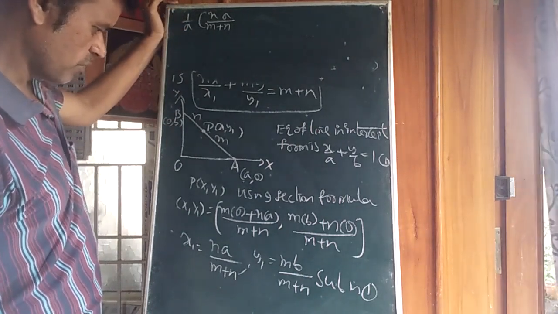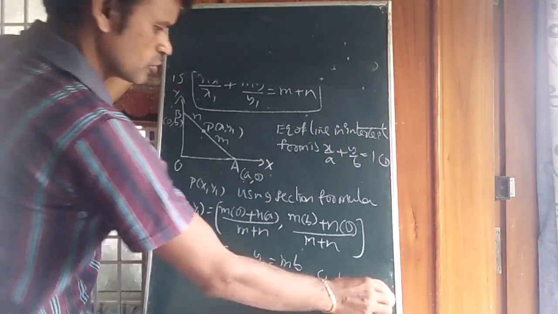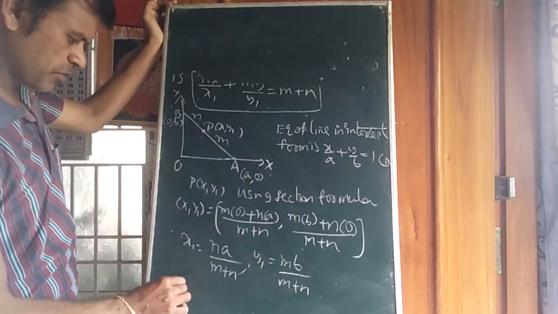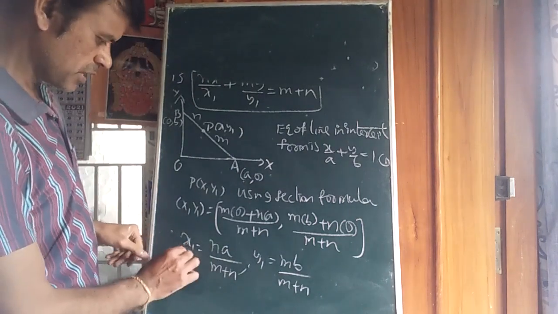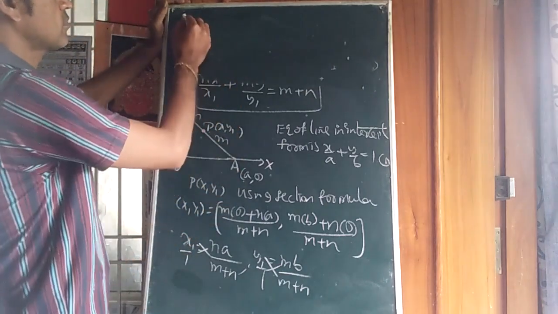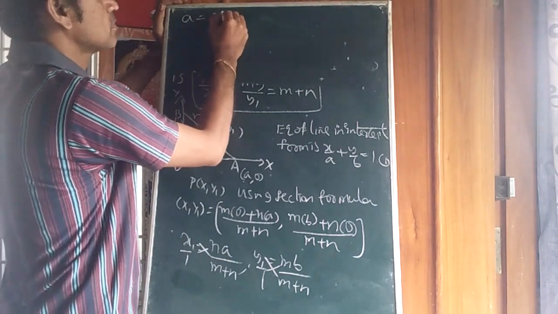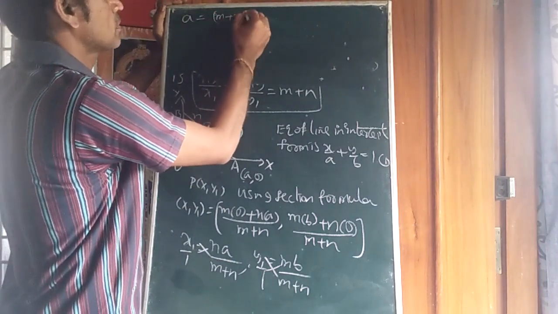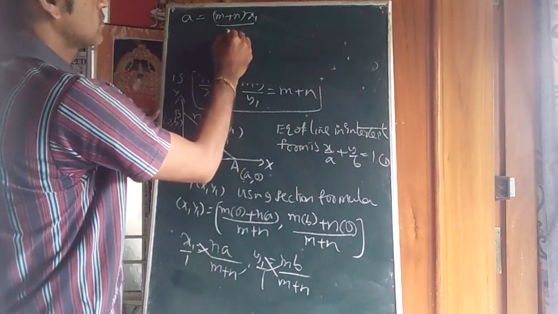So x1 y1 we got as, let us write a, not like this. Don't substitute directly now. Now get the value of a: take cross multiplication here, a is equal to m plus n into x1 by n.